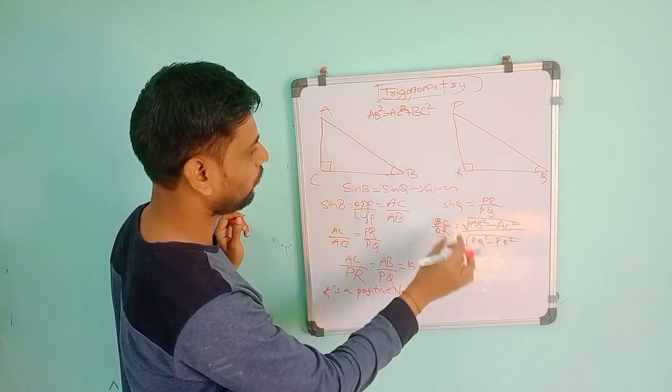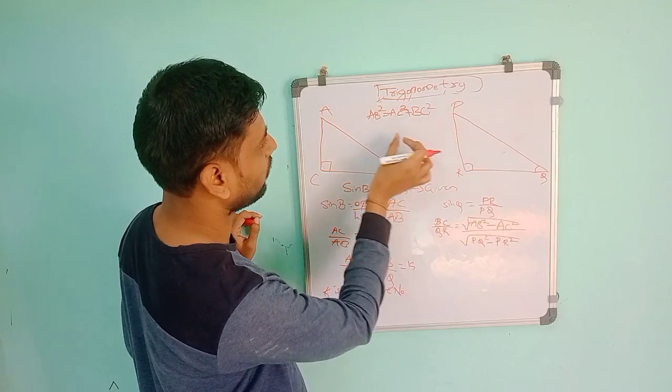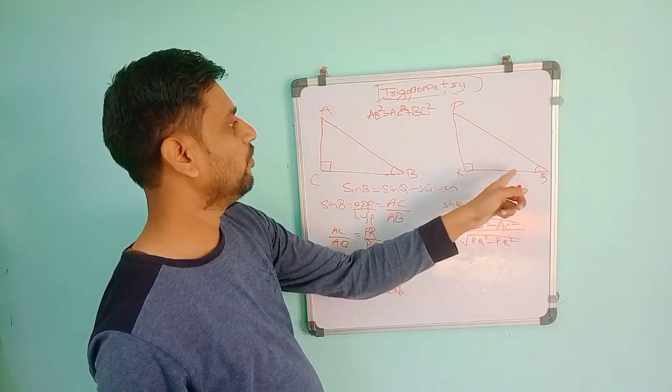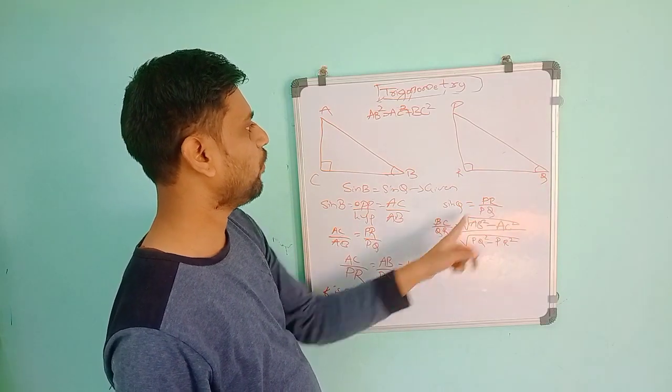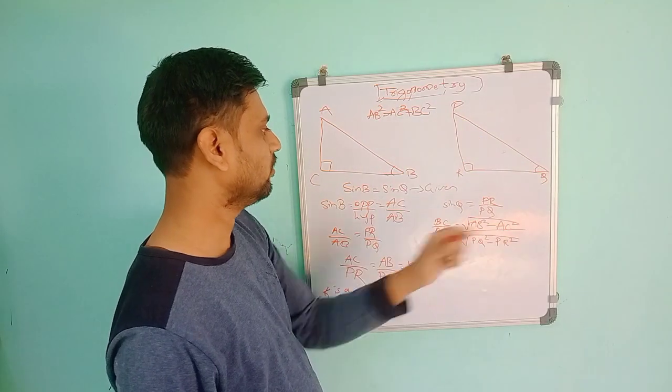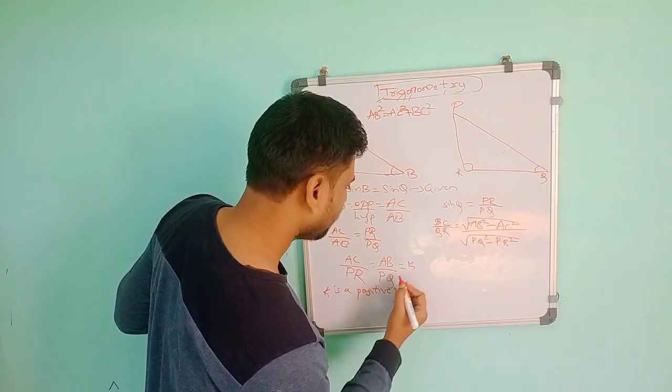From this we can find the value of BC, that is root of AB square minus AC square. Similarly, QR is root of PQ square minus PR square. Then we take the ratio as K.